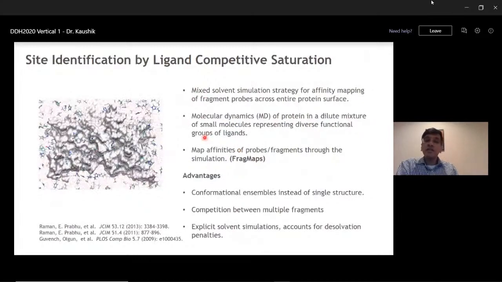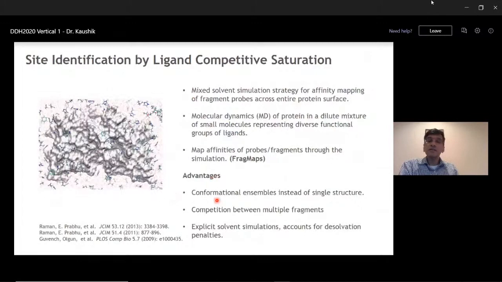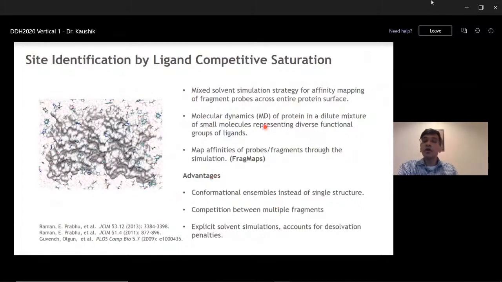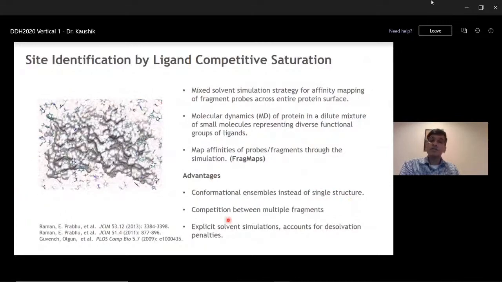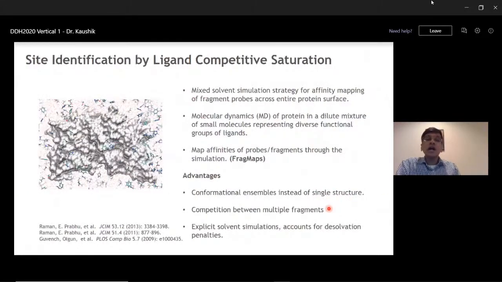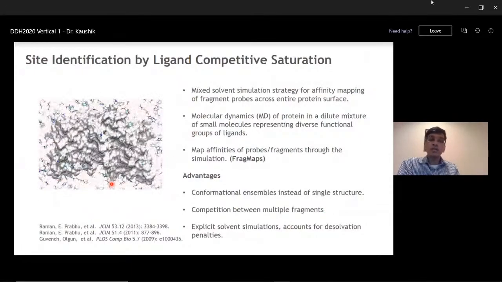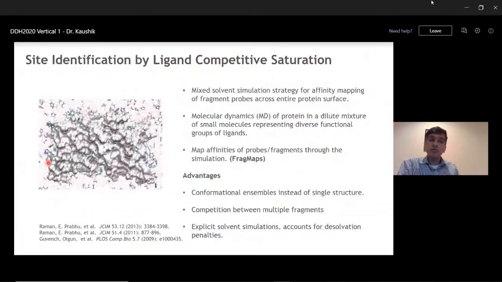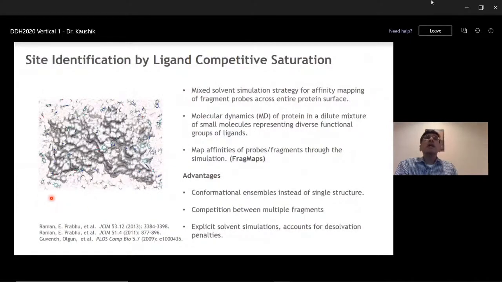Given the fact that we're running this long time scale molecular dynamic simulation, there's an inherent accounting for the conformational ensemble associated with that protein, instead of oftentimes a single crystallographic conformation. This simulation box consists of water and all of these different diverse probe molecules.